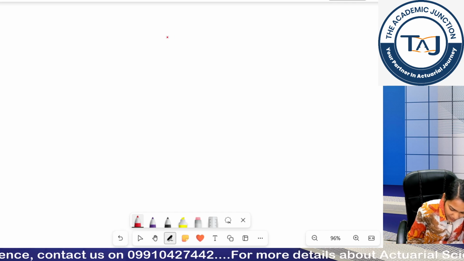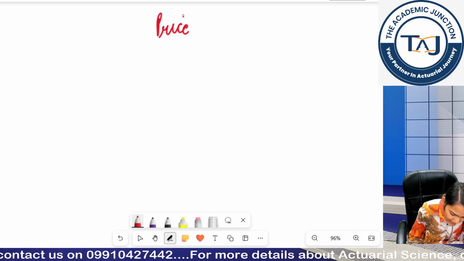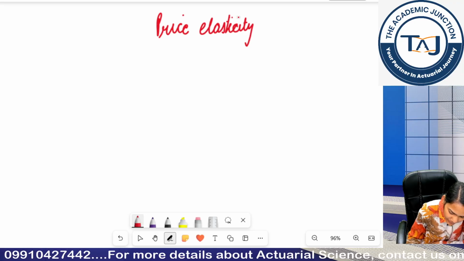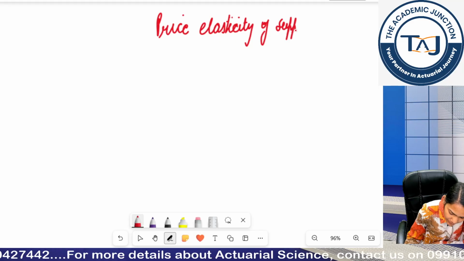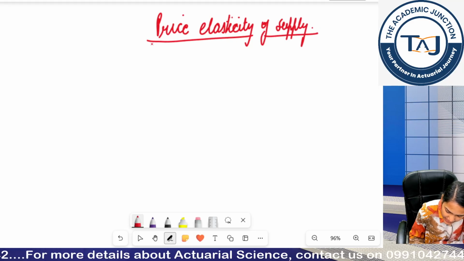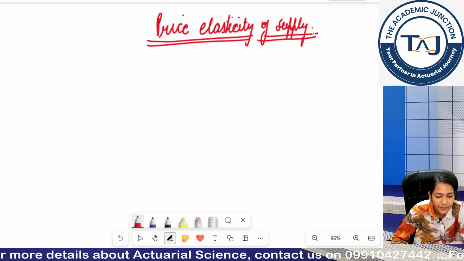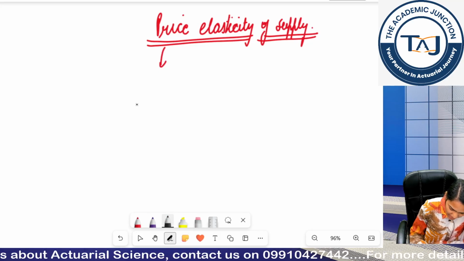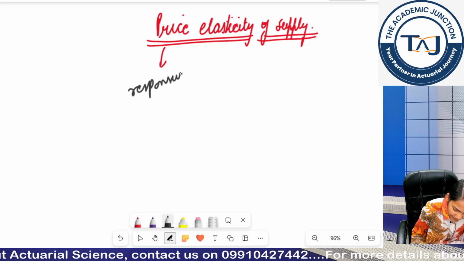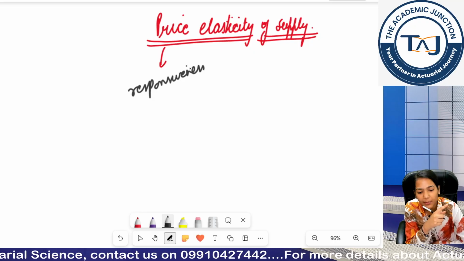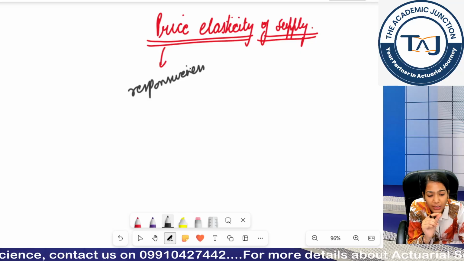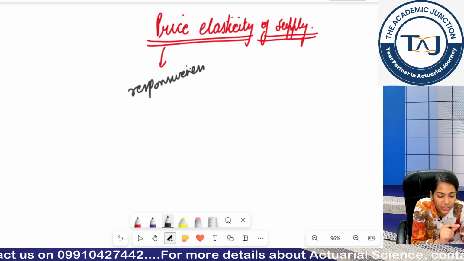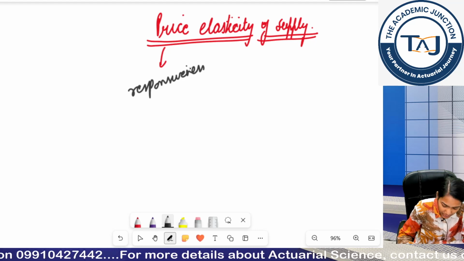Okay. Now moving forward, let us talk about price elasticity of supply. Again this is the responsiveness of change. There I was talking about price elasticity of demand, that is why I was talking about change in quantity demanded, but here I would be talking about change in quantity supplied, okay.